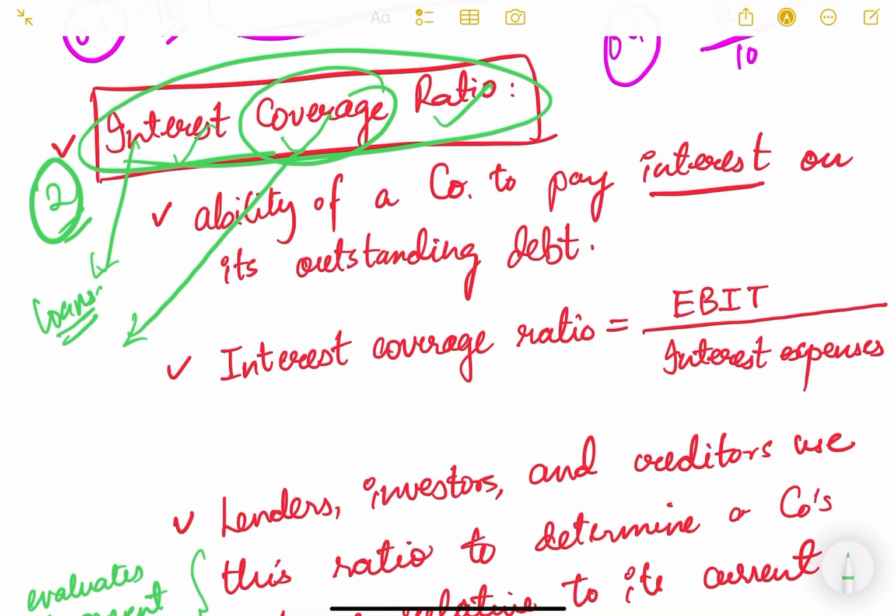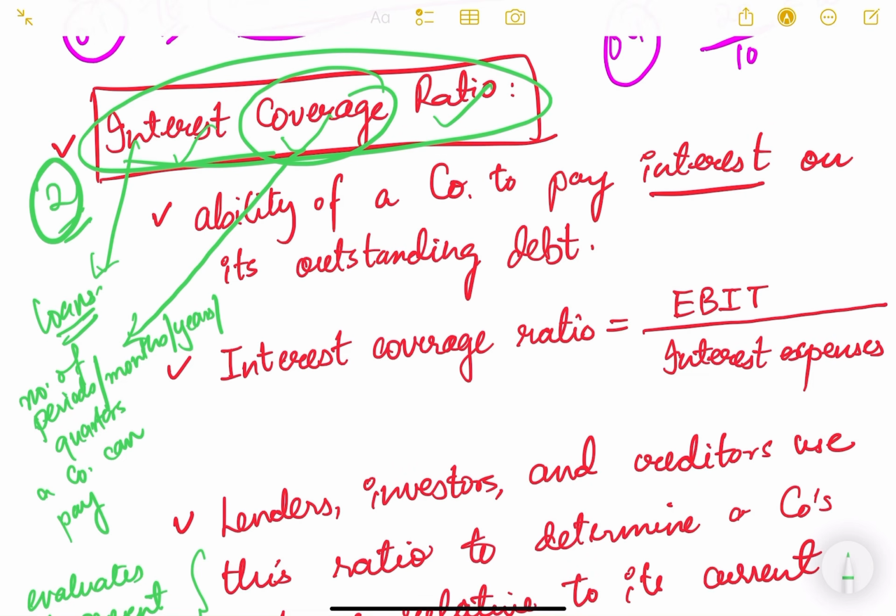Coverage always means the number of periods, or months or years or quarters, a company can pay. For example, if I say I have a coverage of 5 months, that means I have so much money that I can pay for 5 months.